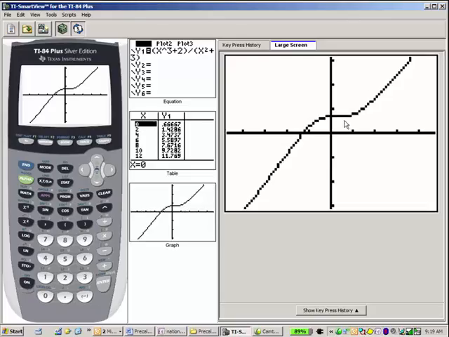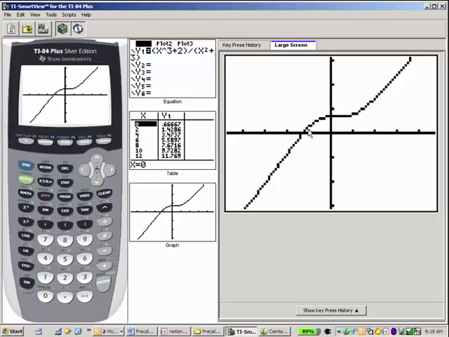I think that's interesting. Guess what that value is right there. It's when y is 0, and it's not a double root. It doesn't just kiss the axis. I'm wondering what the x value is. What's the exact value?